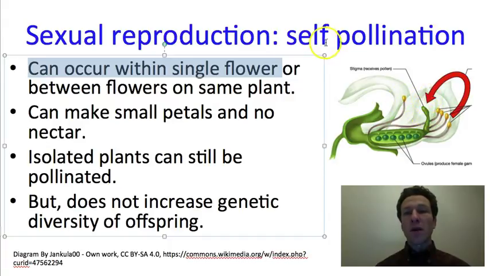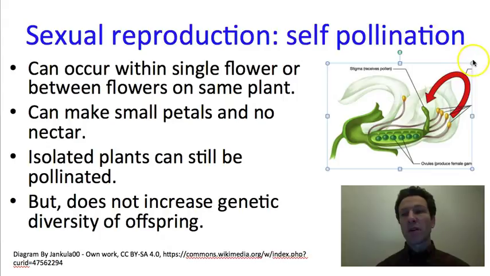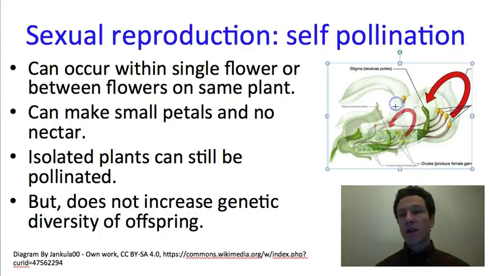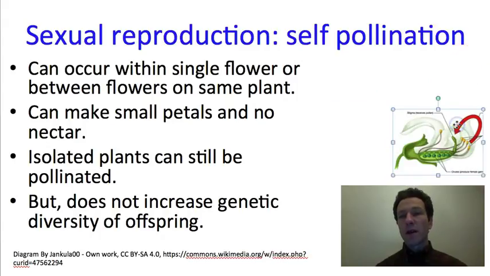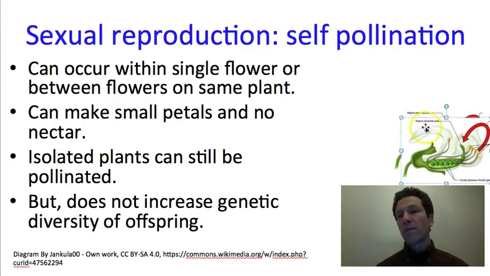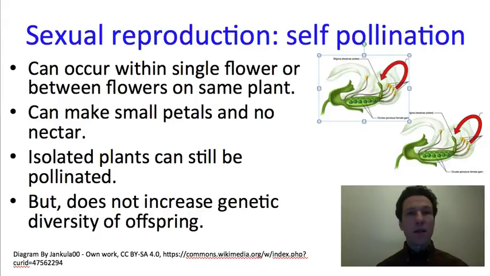But we could also have self-pollination between flowers. Let's imagine this flower is down here on the plant, and there's another flower up here on the plant. Then we could get pollen moving from one to the other. So from here, let's say, down to the stigma down here.